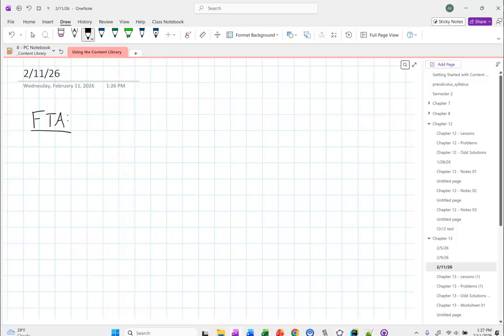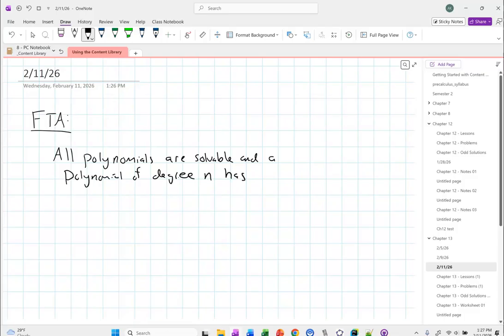What this says is that all polynomials are solvable, and a polynomial of degree n has n complex solutions if we count multiplicity.